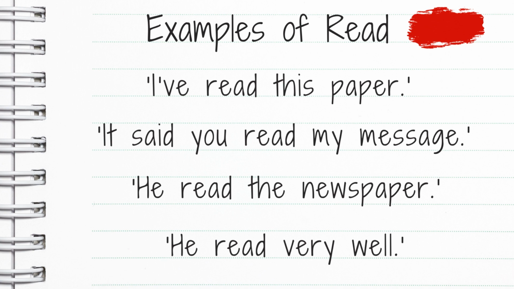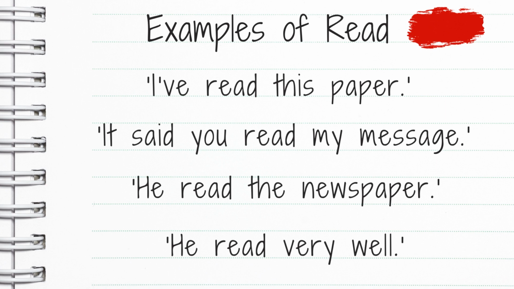He read the newspaper. Now, the way with that sentence, he read the newspaper, that could also be like an author writing, he read the newspaper kind of like it was happening now.